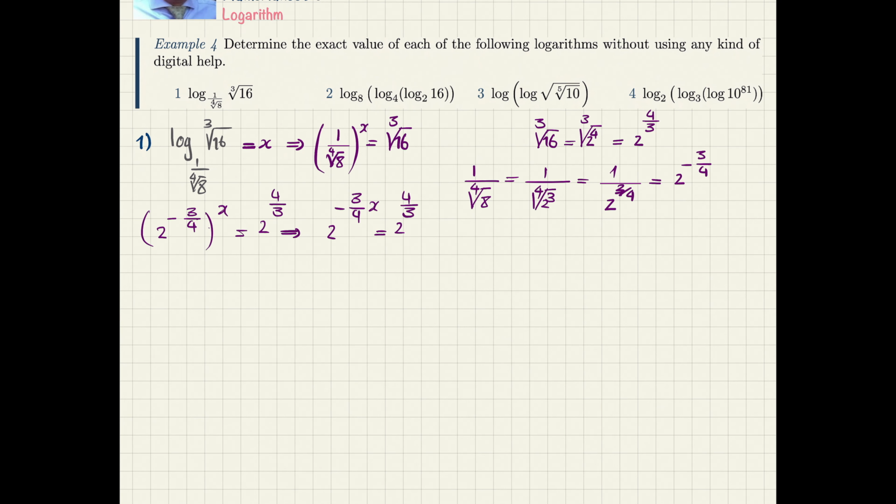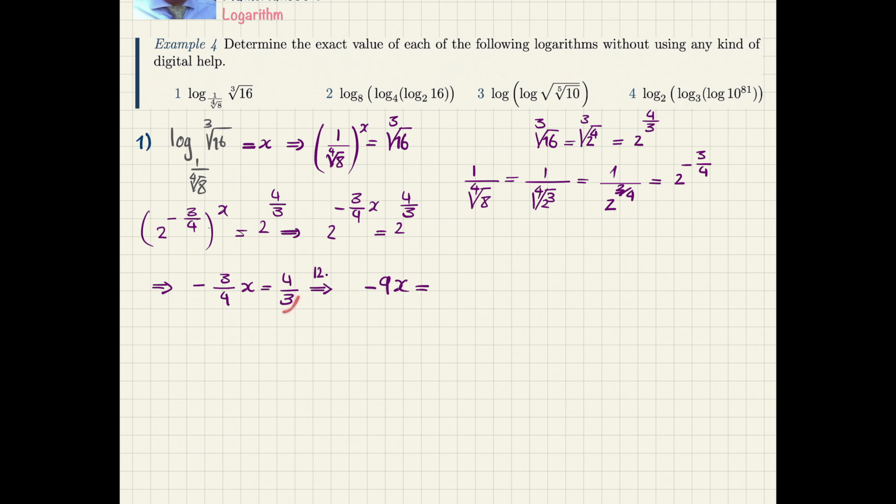Now I achieved the goal, because I have 2 powers of 2. They are supposed to be equal, so the exponents have to match. So minus 3 over 4 x is equal to 4 over 3. Because I want to solve for x, let me multiply by 12 to get rid of these denominators. 12 times minus 3 over 4, 4 and 12 simplify, so I get 3, and 3 times minus 3 is minus 9, so it becomes minus 9x.